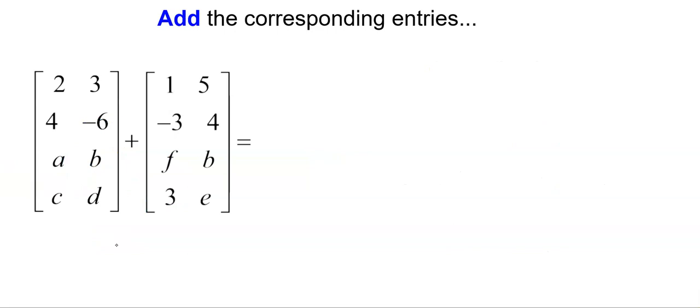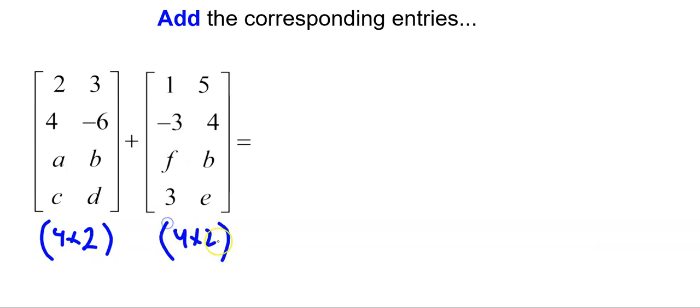Adding these is a piece of cake, probably. It's not that bad. Let's look at what the dimensions of this matrix are first. This is a 1, 2, 3, 4 by 2 matrix, 4 rows and 2 vertical columns. And this also is a 4 by 2 matrix.